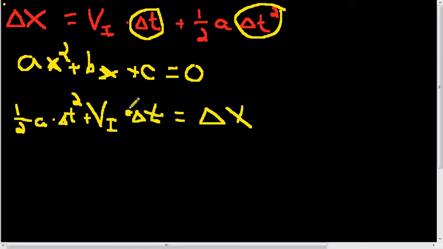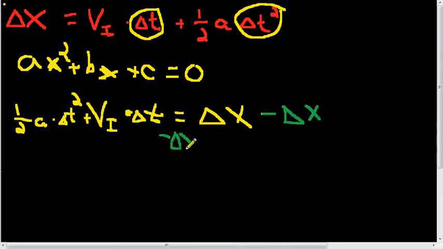Now, to solve this equation, I'm going to have to make it look like this. On the right side of the equation with the x squareds, it's equal to 0, so I will make this equation equal to 0 also. I will subtract the delta x from both sides. And this is what we need to do. Whenever we solve this equation for x, we need to get everything off of one side onto the other.